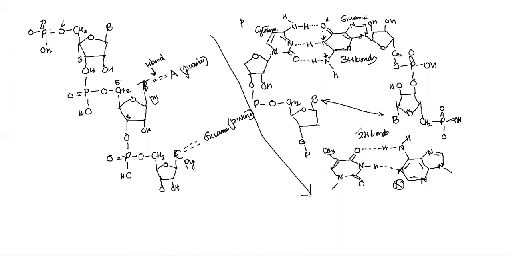So the bond between cytosine and guanine, CG bond, is stronger than AT bond.